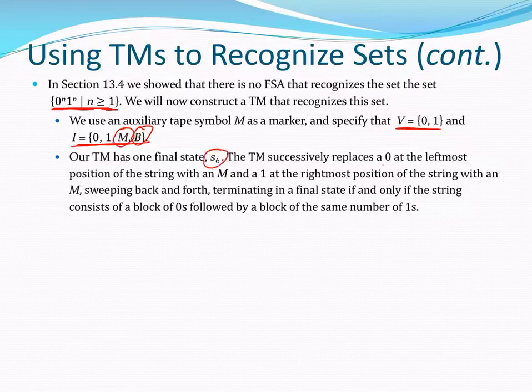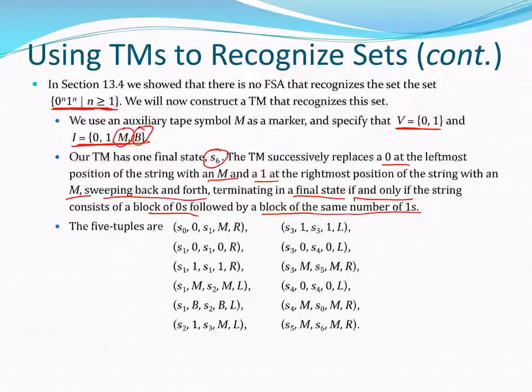Our Turing machine starts with the leftmost 0, and we'll replace it with an M, and then we'll go to the rightmost 1 and replace it with an M, and we'll sweep back and forth, terminating in a final state if and only if the string consists of a block of zeros followed by the same number of ones.